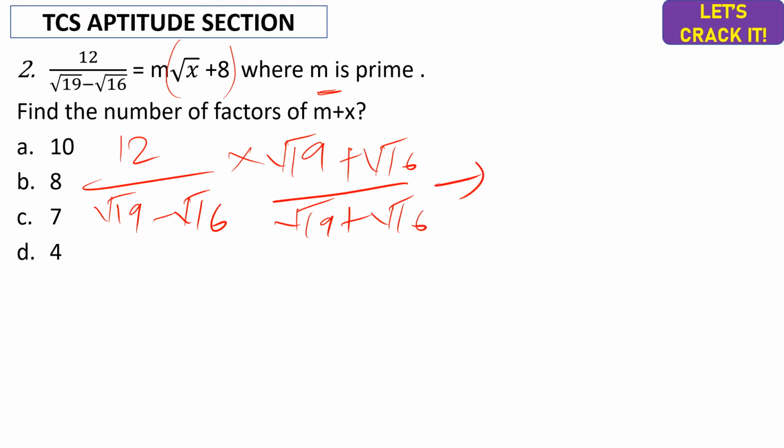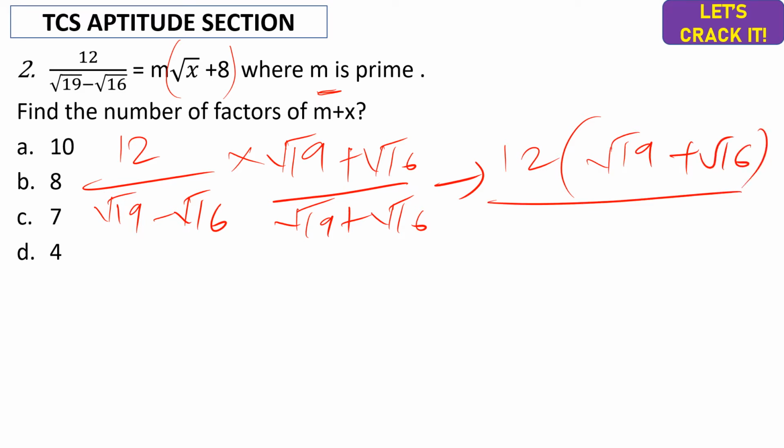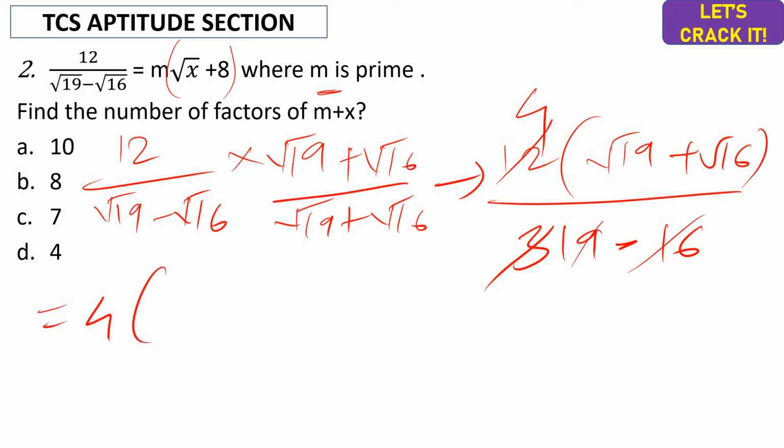Now the next step: I get 12 times (root 19 plus root 16) divided by (a minus b) into (a plus b), which is a square minus b square: root 19 square is 19, minus root 16 square, 16. So 19 minus 16 is 3, and 3 fours are 12, so 12 by 3 is 4. Finally I get 4 into (root 19 plus root 16), which can be written as 4.